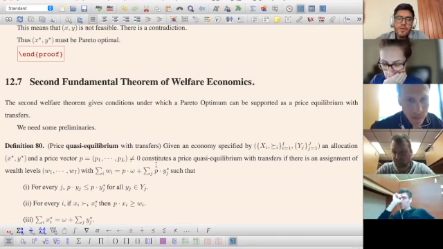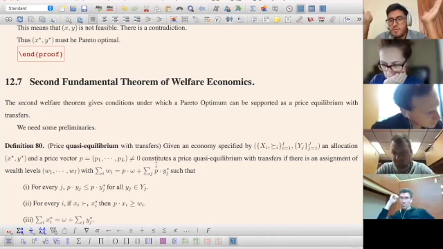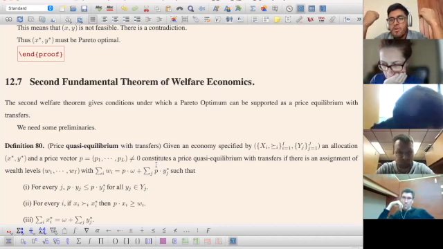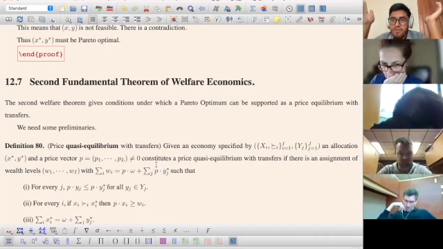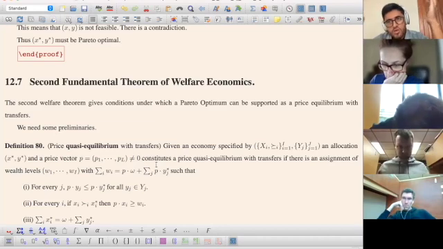The second welfare theorem essentially says that I can take some point in the Pareto set and I can support it as a price equilibrium with transfers. That's what I'm gonna do. Now, it's not gonna be any kind of equilibrium with transfers. It's gonna be one where preferences are convex, so utility functions are quasi-concave.